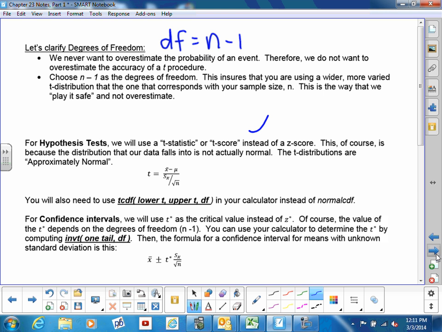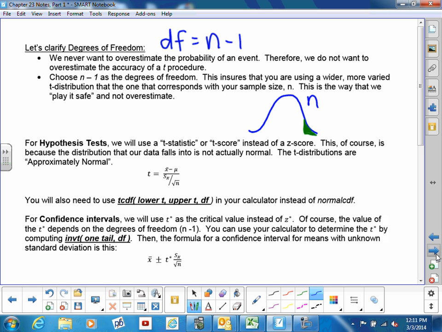Say that I use this curve for n. Well, what happens if I get this p-value right here, and that's considered significant, and it causes me to reject, or whatever? I need to just make sure that I am not overestimating. I want to give myself a little more buffer to make sure that I'm not being too accurate with the curve.